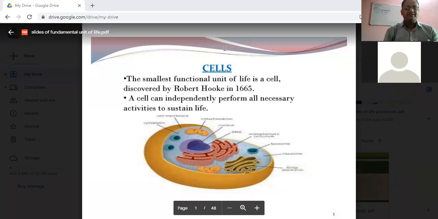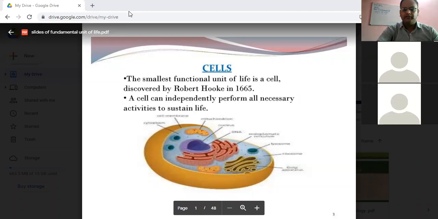Now, why are we saying that the cell is a structural and functional unit of life? Why do we use this sentence while defining the cell? Anyone who wants to answer can raise his or her hand so that I can unmute you.